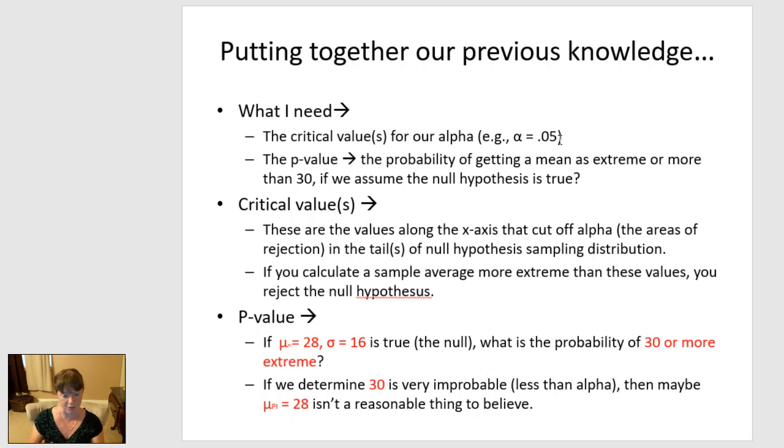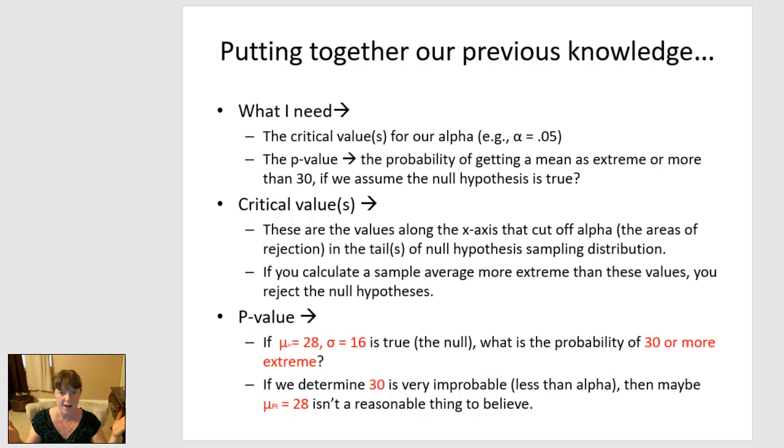That's the p-value, right? If you take a critical value approach, these are the values that cut off alpha. When you look at the x-axis on a probability density plot for the null hypothesis sampling distribution, the critical values are what cut off alpha.